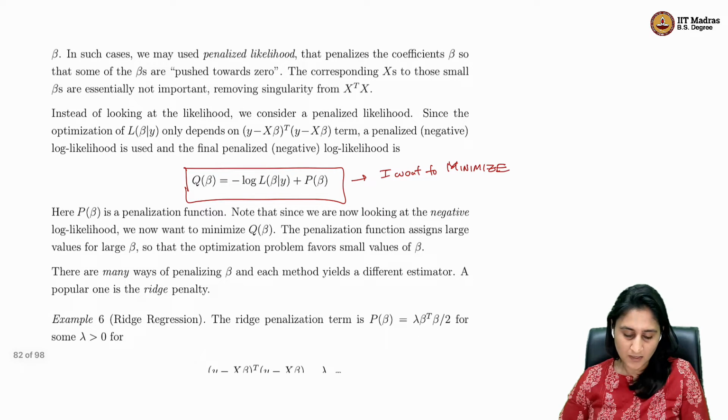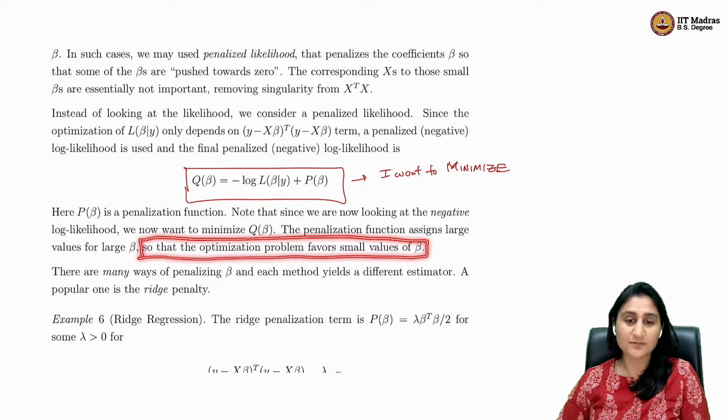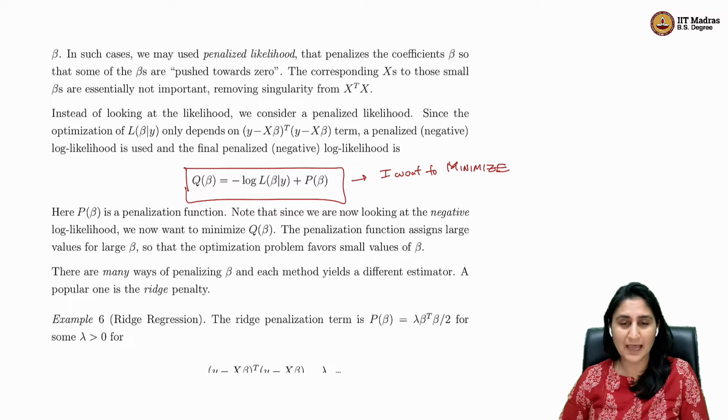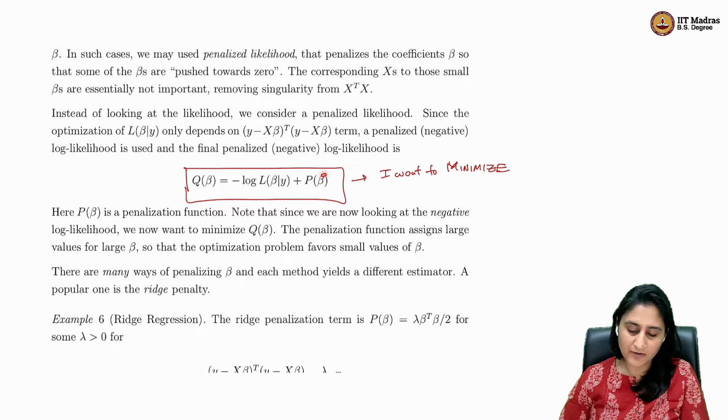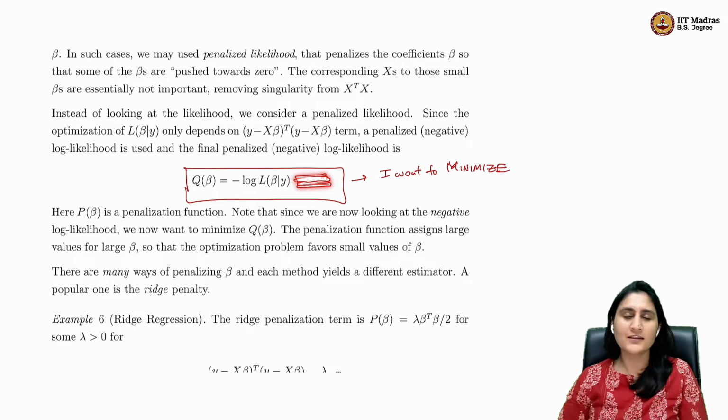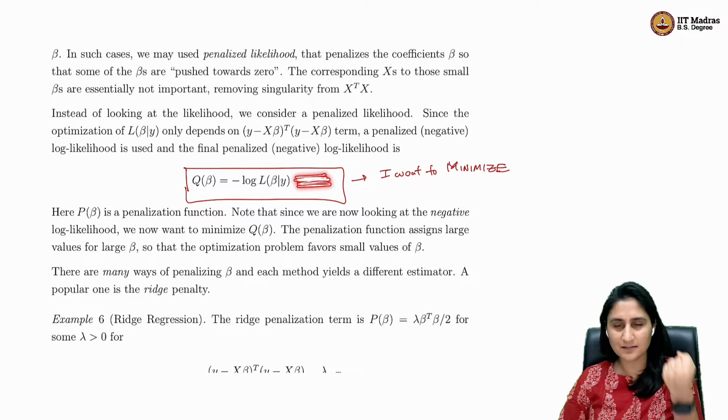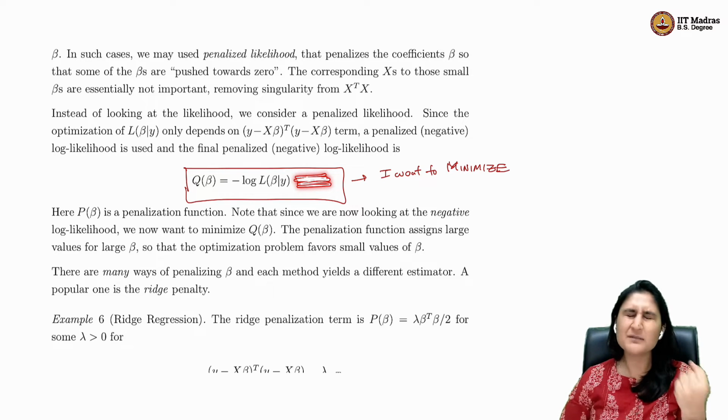So the optimization problem is basically going to disfavor large values. That's basically what's going to happen. Another way to think about it is if I remove this penalty term and minimize the negative log likelihood, this is going to be minimized at whatever is the MLE.